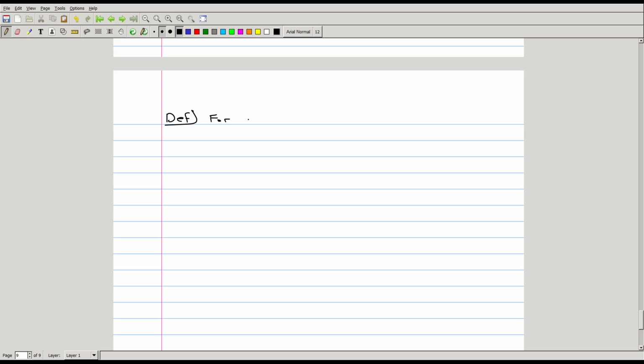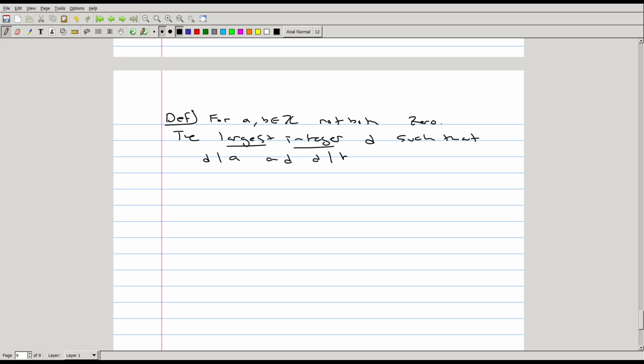So for integers a and b, not both 0, the largest integer d such that d divides a and d divides b is called the greatest common divisor of a and b.